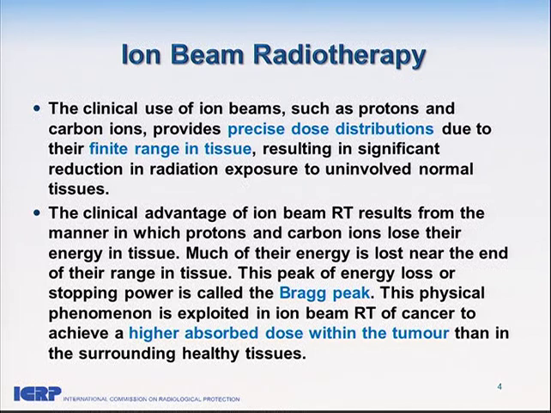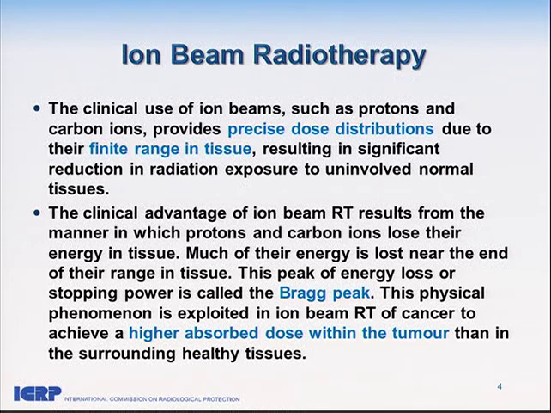Therefore, the critical advantage of ion beam radiotherapy results from the manner in which protons and carbon ions lose their energy in tissue. Much of this energy is lost near the end of their range in tissue. This peak of energy loss, or stopping power, is called the Bragg peak.